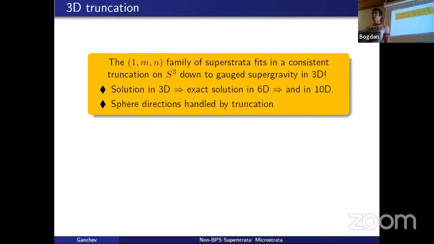What's the problem with k greater than 1? It's not contained in the truncation. I don't know the reason why it's not contained, but it's just not there. If you want to get down to a three-dimensional theory, it turns out you pick one set of modes, because they're the simplest modes on the sphere. You could imagine doing a truncation with higher k, but it hasn't been worked out.